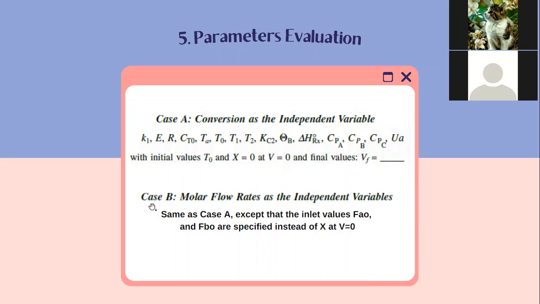So for case B, for molar flow rates as independent variables, it is the same as case A, except that the inlet values of FA0 and FB0 are specified instead of X at V0.